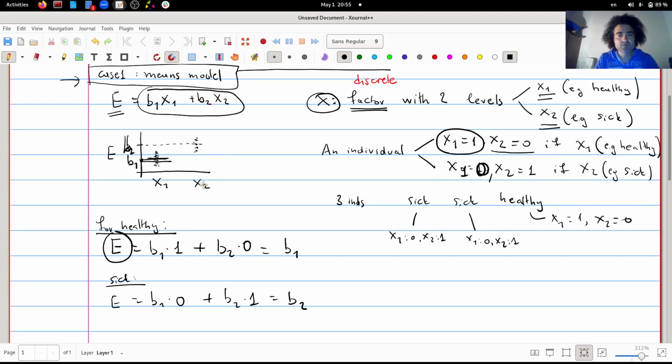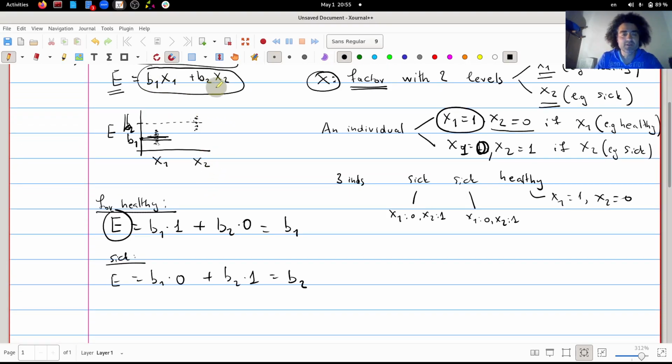Okay, now usually we are not interested in this B1 and B2 per se, because we really don't care what the mean expression value of the healthy and the mean expression value of the sick is, but we care if these mean expression values are different. So we really care about this height here, this difference here. So we care about B2 minus B1. And when we apply a statistical test using these points here, we have the null hypothesis that this difference, let's call it delta, equals 0.